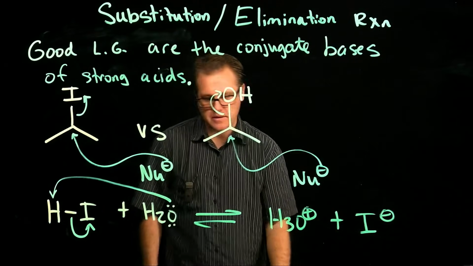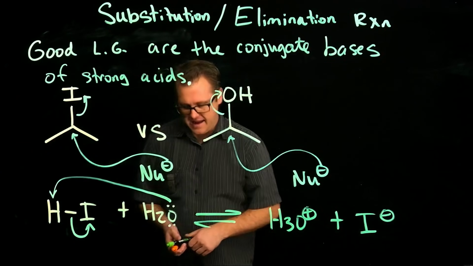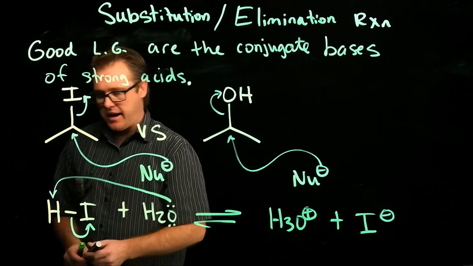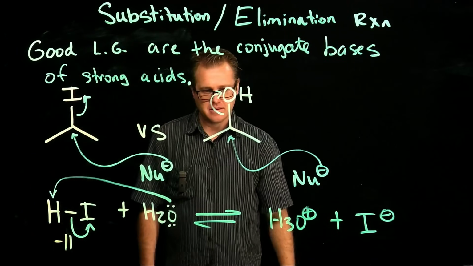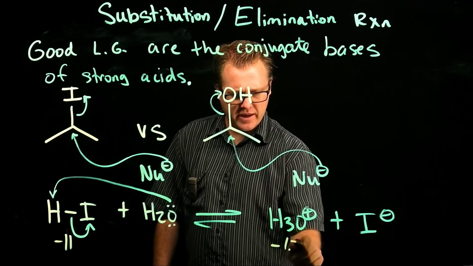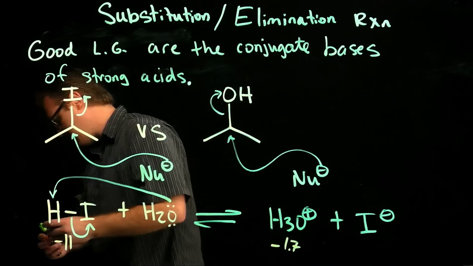Just like that. We go to the pKa table, and we figure out what's the pKa of the hydroiodic acid, and it has a pKa of -11. All right. And hydronium is what? -1.7, I think? Let's see here.